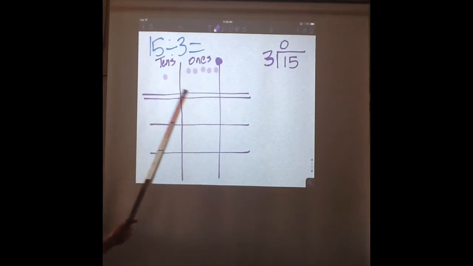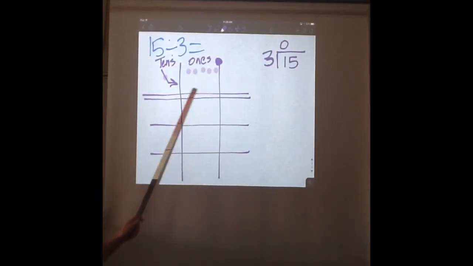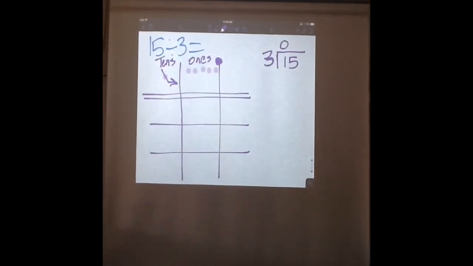What does that mean when we draw it out? That means this. Are you ready? We're going to cross off this dot and we're going to put it over. How many dots are going to go over here now? 10. There's going to be 10, right? So 1, 2, 3, 4, 5, 6, 7, 8, 9, 10, right?